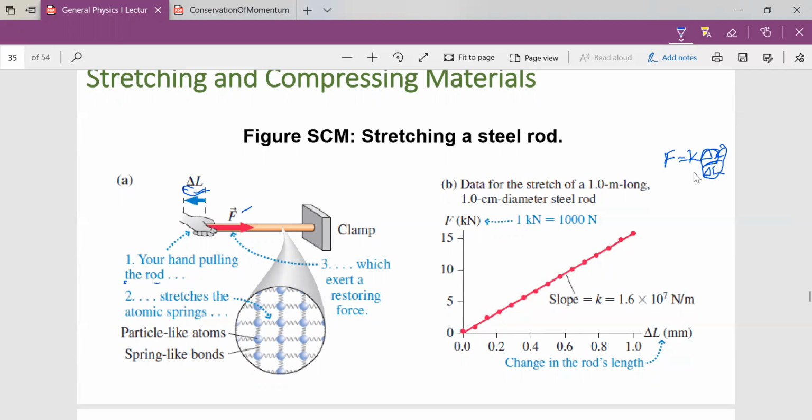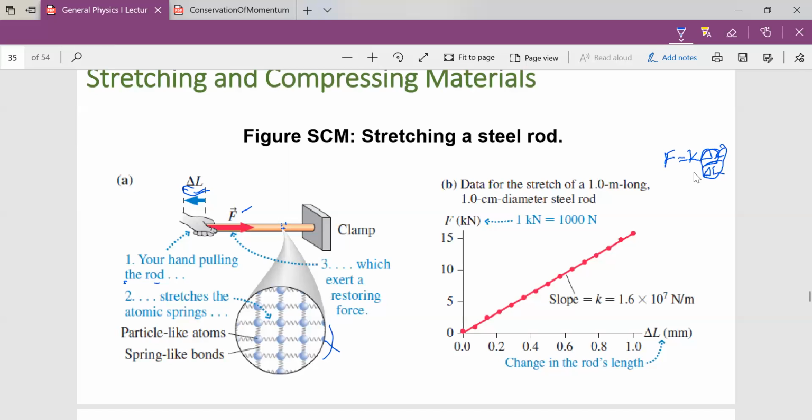Then we can also try enlarging what happens to the particles of this rod. That is the picture you see here. Okay. So enlarging that molecule, we can see the stretch, a little stretch.